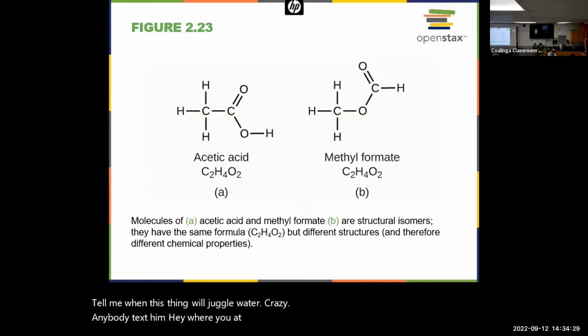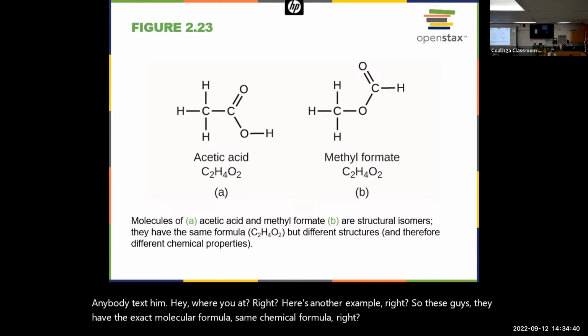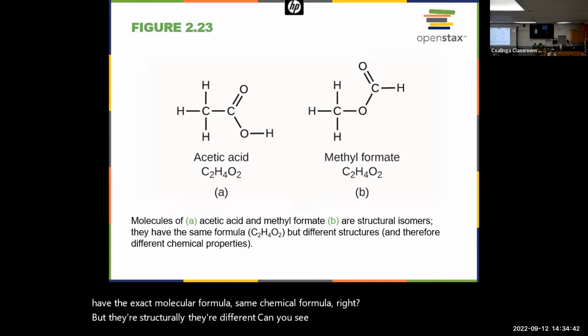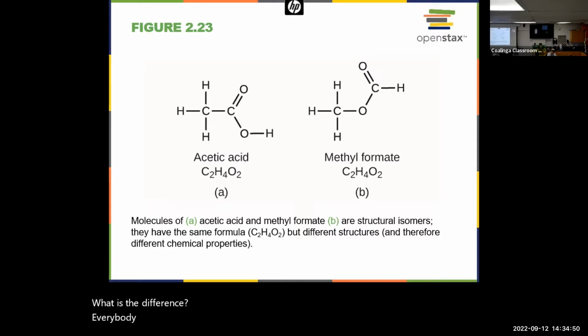Here's another example, right? These guys have the exact same molecular formula, but they're different. Can you see the difference between those two? What is the difference? Everybody said they see it, but when I ask what the difference is, nobody says anything.